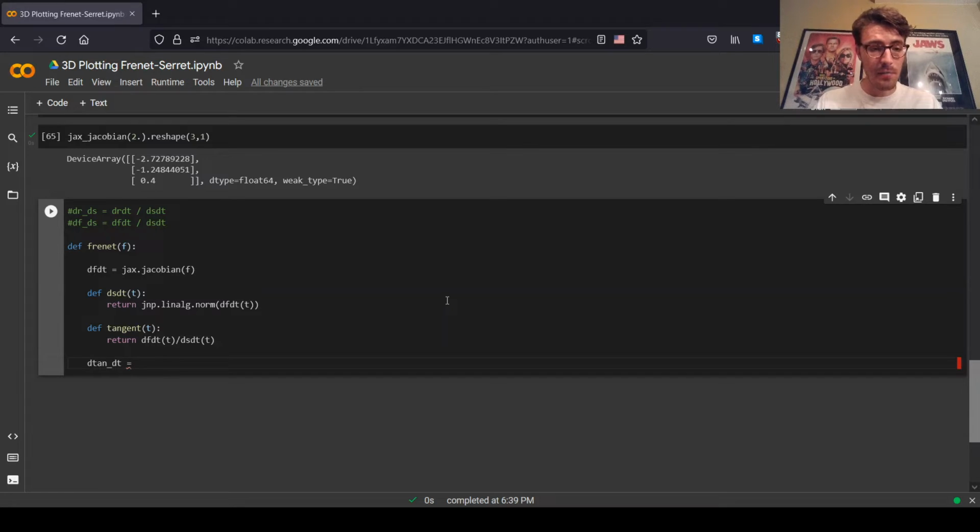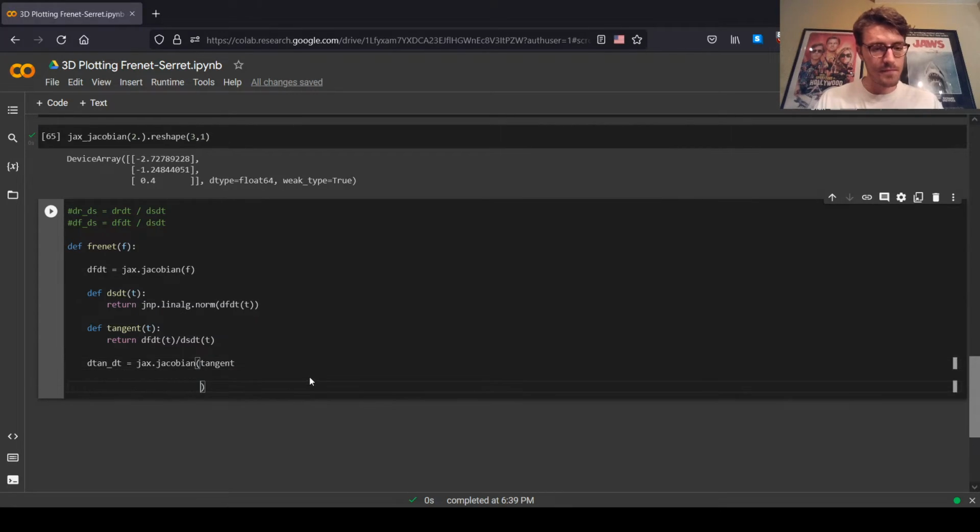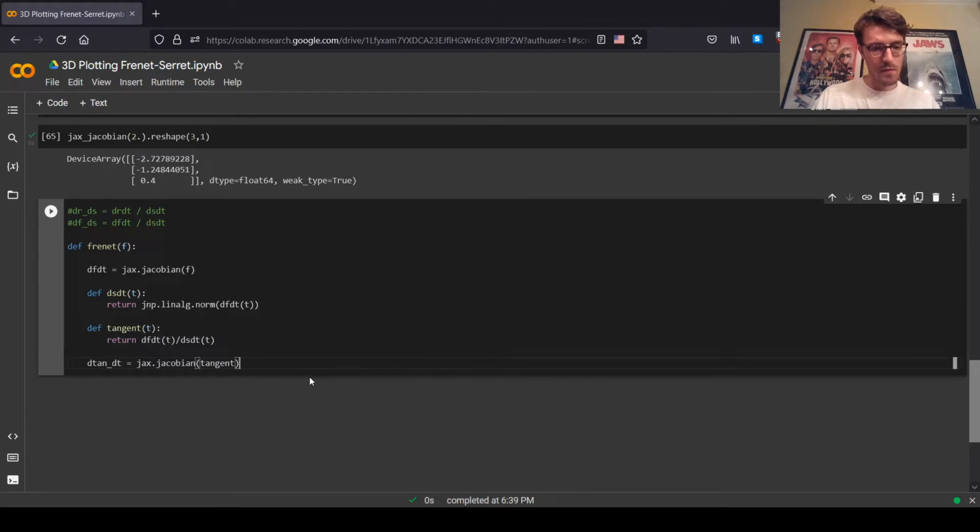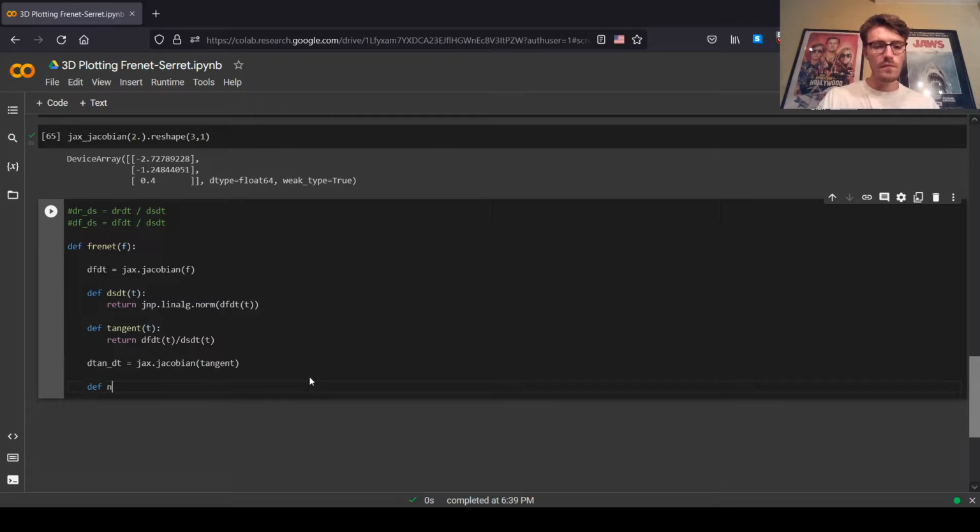This time, we'll be finding the Jacobian of our tangent function. So Jax dot Jacobian of tangent. So once we have this, we can find our normal vector. So we can just call this one normal, again for t.